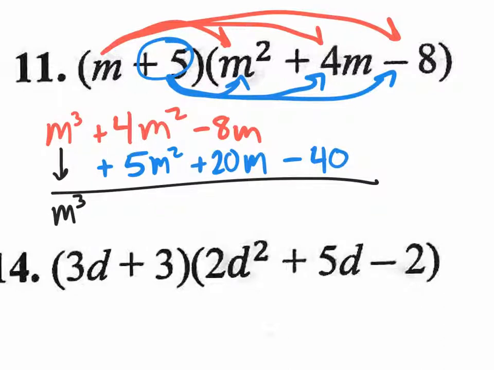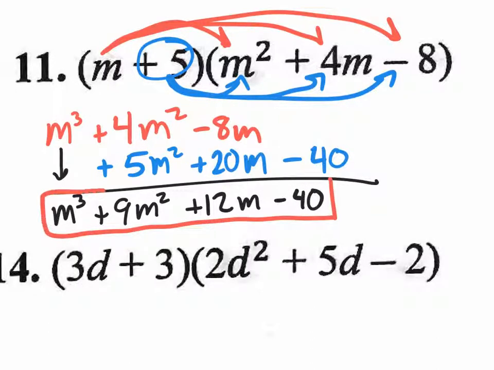M to the third is the first part of your answer. 4 plus 5 is 9, and we are talking about the m squares. -8 plus 20, that's plus 12, and we are talking about m's. And the -40 also just comes down. I think it's very convenient to stack them up like this, right on top of the terms that you're going to be combining anyway. It really does make it more organized and easier.